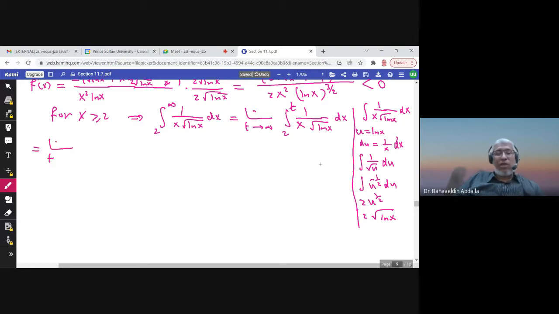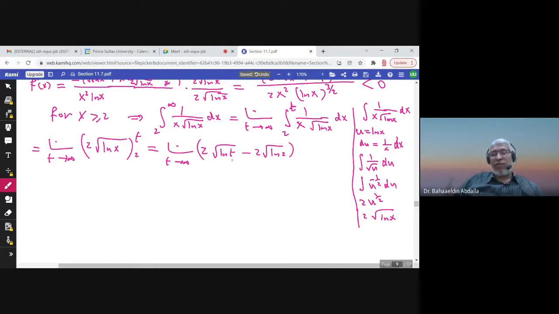So this is equal to the limit of 2 square root of ln x from 2 to t. And I'll have 2 square root of ln t minus 2 square root of ln 2. Ln infinity is infinity, square root of infinity is infinity, 2 times infinity is infinity, infinity minus a number is infinity.